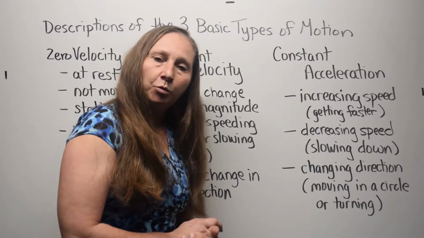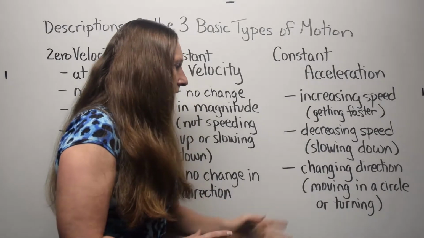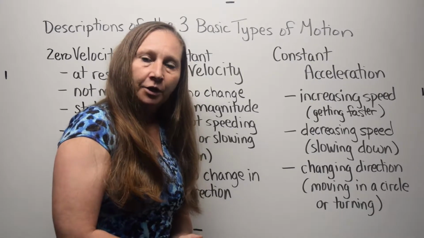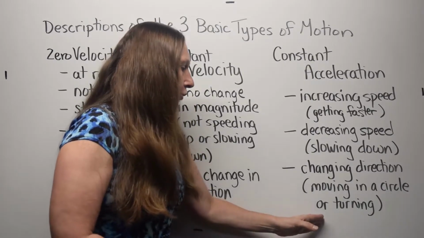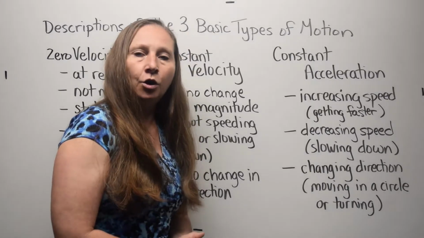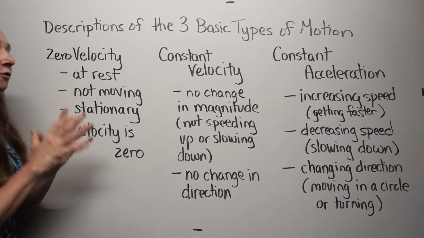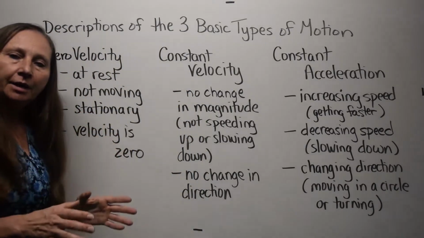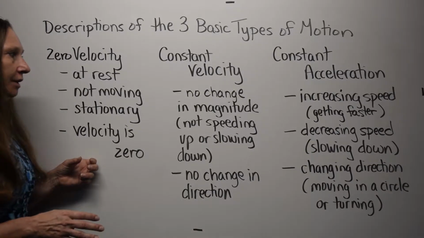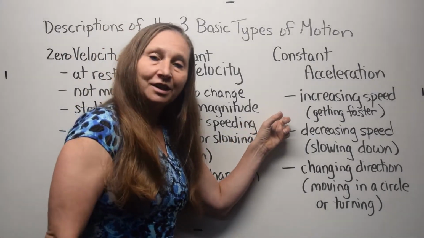The other possible way to accelerate is to change your direction. You could be walking in a circle, or you could be in a car and the car is turning. While the car is turning, the car is accelerating. So again, you've got three basic types of motion: no motion, meaning zero velocity, constant velocity, or constant acceleration.